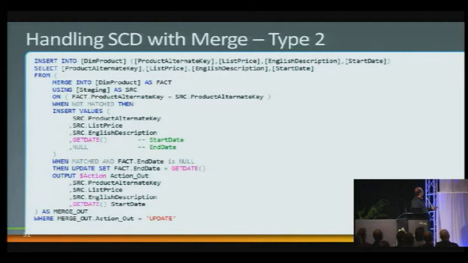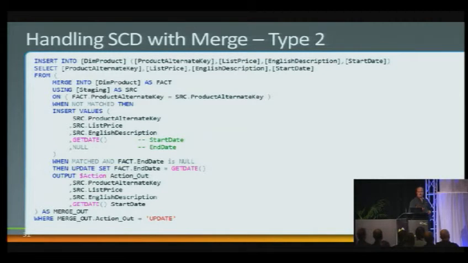When they match, and the end date is null, I'm looking for, again, the latest current record. It's a type 2. So the idea now is not only to do an insert, I want to close the existing current record. So I first do an update on the last current record, setting the end date to today's date, and then I add a new record with an insert.